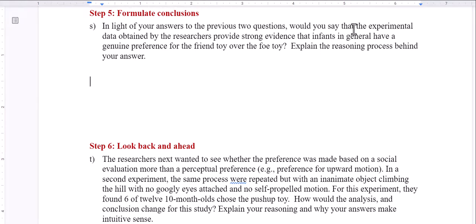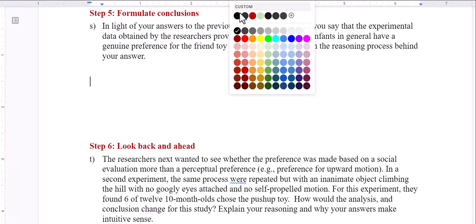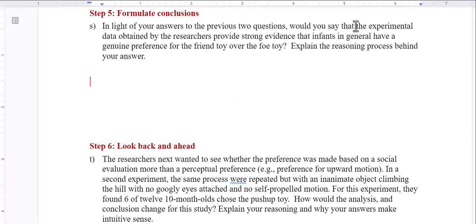So what can we say about the study? In light of our previous answers, would you say that the experimental data obtained by the researchers provide strong evidence that infants in general have a genuine preference for friend over foe toy? And we can say yes, right?